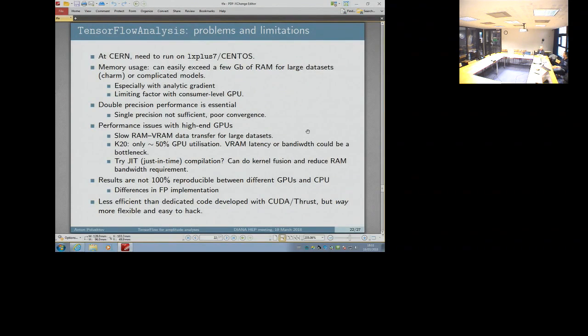The K20 and K40 are part of the same generation. The next generation is the P100. I didn't have a chance to try it, but I think they have it at CERN. A P100 is about 3 times as fast as a K40 on the same code base. I think that's because they have lower latency in memory.